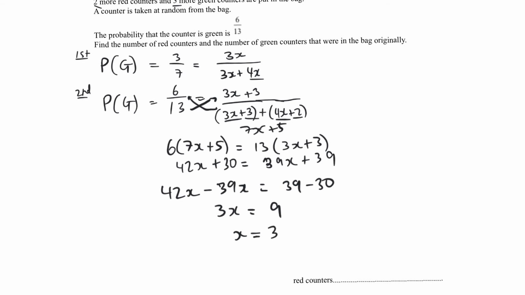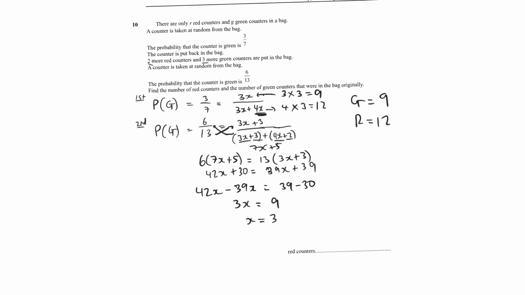So therefore, because we know that x is 3, and the green counters was 3x, the number of greens would be 3 times 3, which is 9. So we know the green counters equals 9. Then the red counters was 4x. So that would be 4 times 3, which is 12.